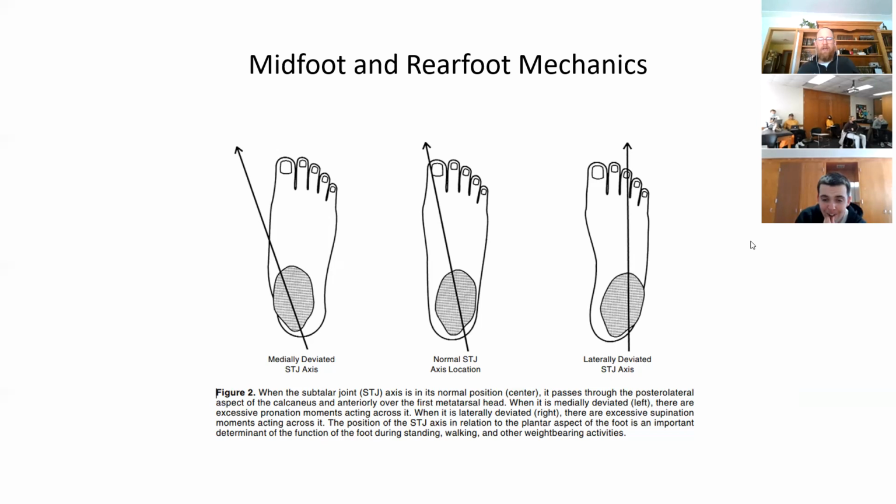Non-neutral. Okay, awesome. Okay, so let's say this is my rear foot. Okay, this is the medial side, this is the lateral side. Okay, if I'm in rear foot valgus, what direction will my heel be tipped into? Medially. Okay, medially.